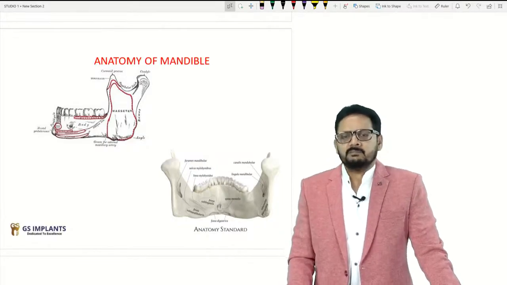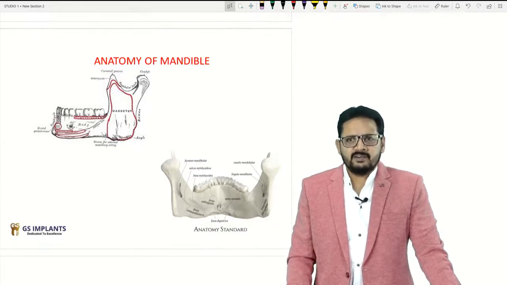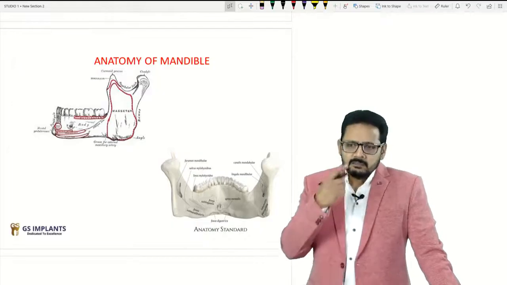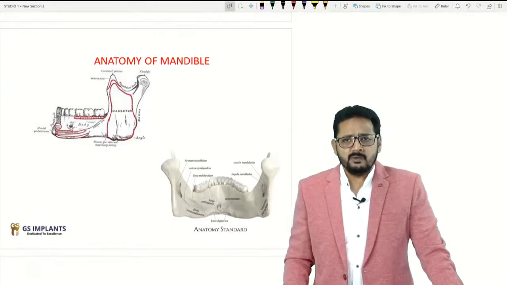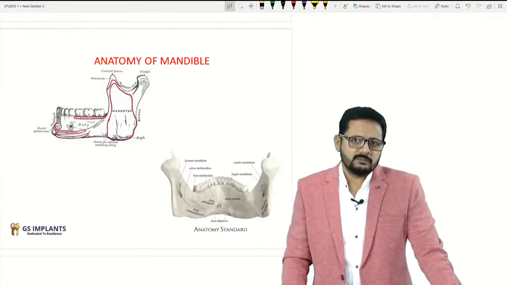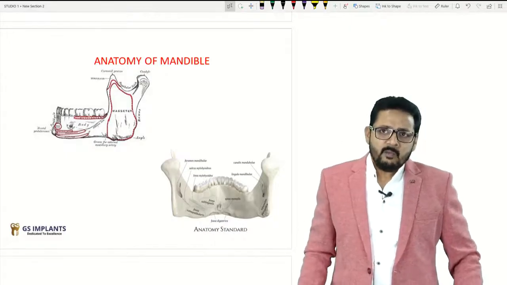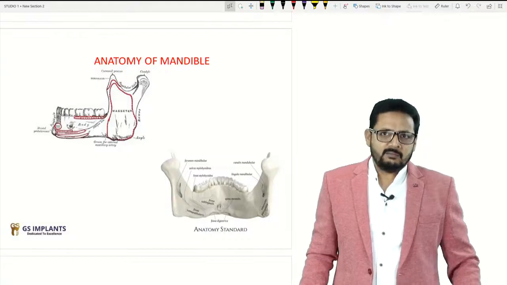Consider a scenario where a 65 to 70-year-old patient, long-standing edentulous, walks into your clinic, and you are planning for full mouth implants, cortical implants. You have to tell me, where is the location of the second molar?